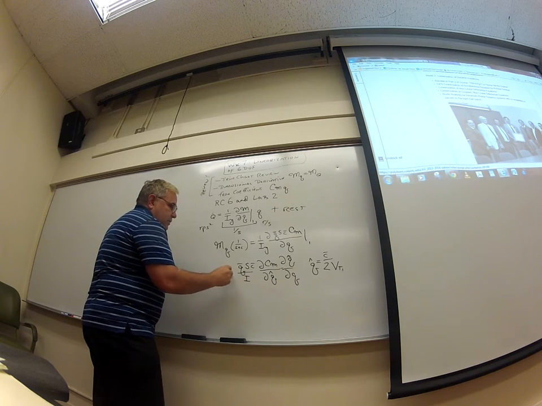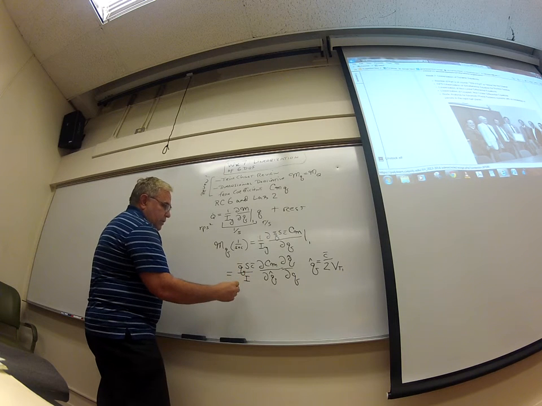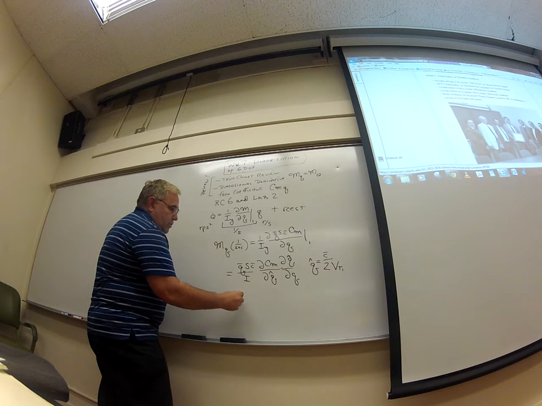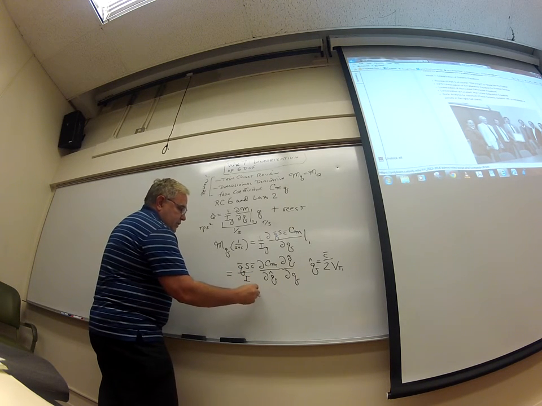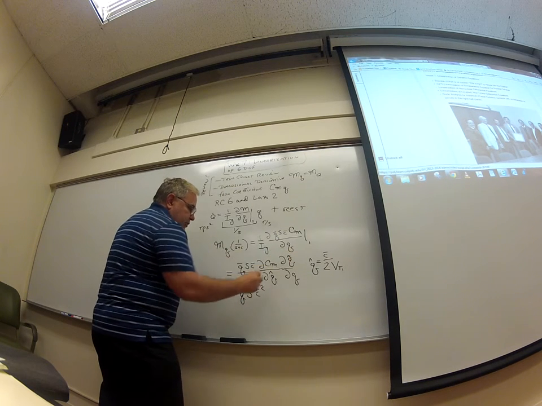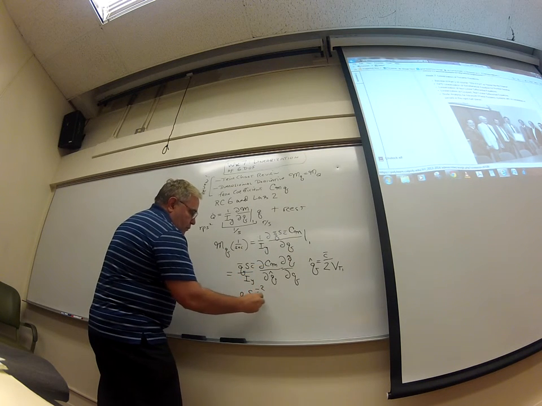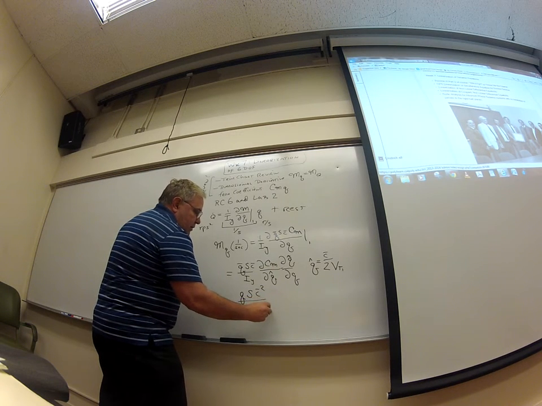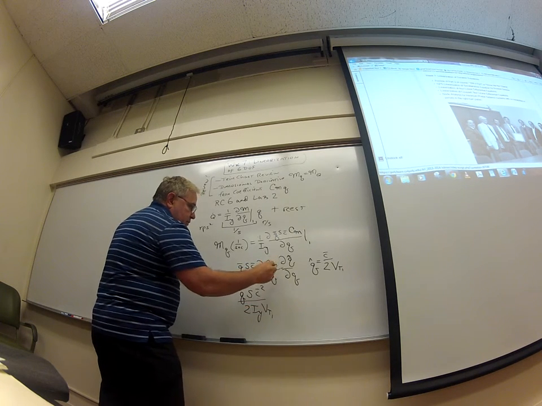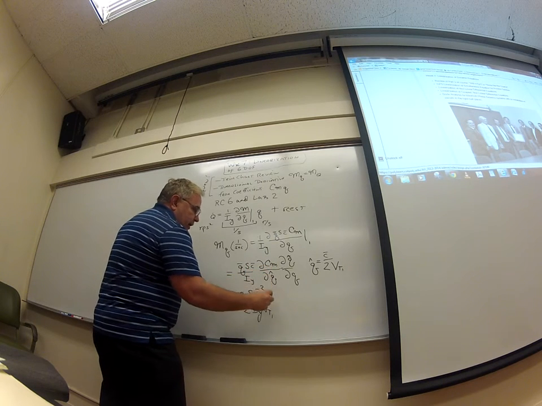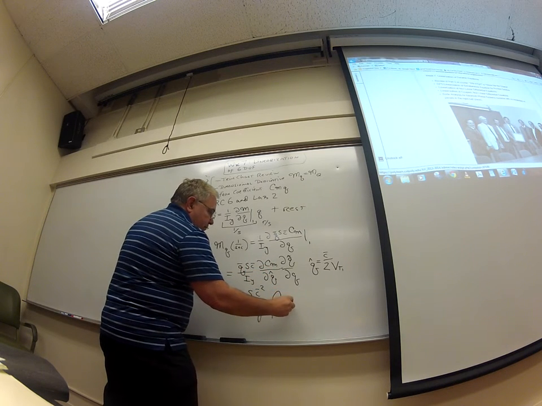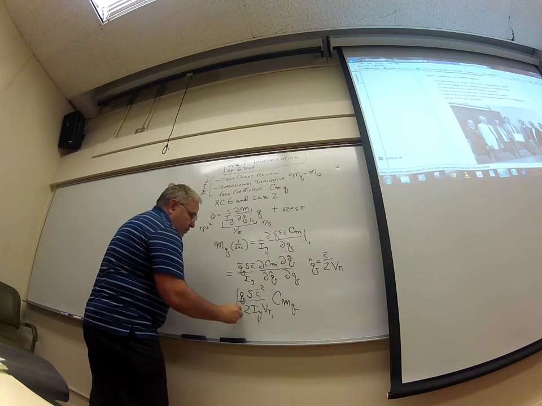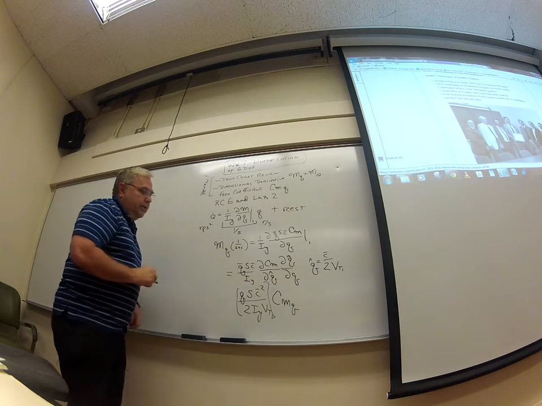Well, let's see what happens. So this is going to be equal to Q S C squared over 2 IY VT1 times partial CM partial Q hat, which we'll call CM Q. And there you have it.